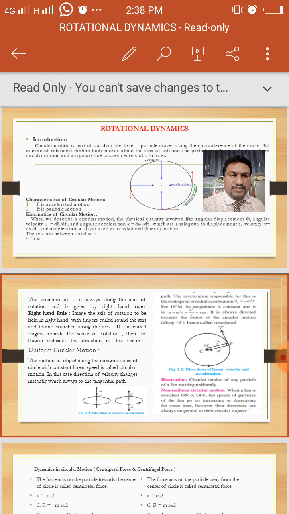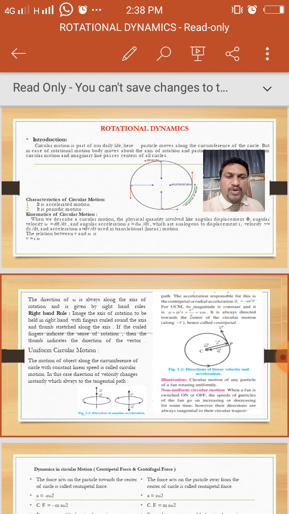Dynamics is the second branch of mechanics, and mechanics is a branch of physics. Dynamics means motion, so here rotational motion means rotational dynamics.